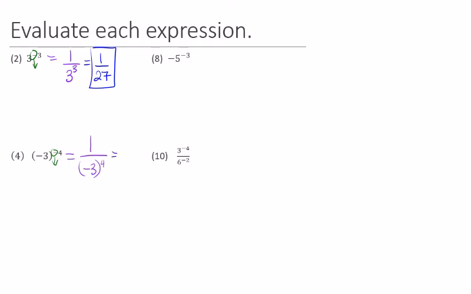And then when I evaluate negative 3 to the fourth, that would be negative 3 multiplied by negative 3 by negative 3 by negative 3. And so that would be positive 81. And just remember, a negative base raised to an even exponent, you'll end up with a positive value, right?